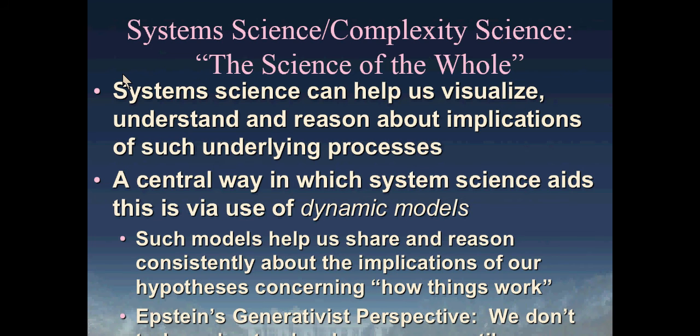So a central way in which system science makes use and tries to aid the science of the whole is through dynamic models. These models, I argued, are a mechanistic depiction of a situation. We saw last time we could depict the stages of infection a person could go through. But it might be a depiction of the stages of handling of orders in a big firm like Amazon.